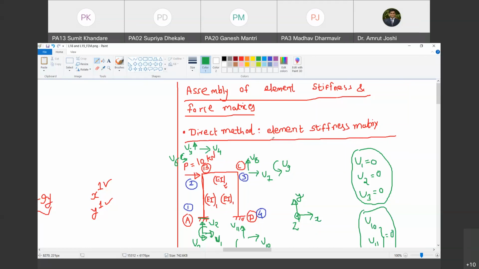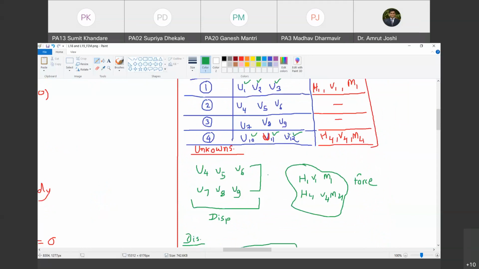Which are those finite displacements? U1 to U12. Happy? Yes, sir. So I consider U1 to U12 as unknowns. Of course, U1, U2, U3, U10, U11, U12 are known because of boundary conditions. That is a different story. But to start with, in discretization, I will consider only U1 to U12 as unknowns. So the infinite unknowns have been converted into a finite number, 12. Do you agree with me?